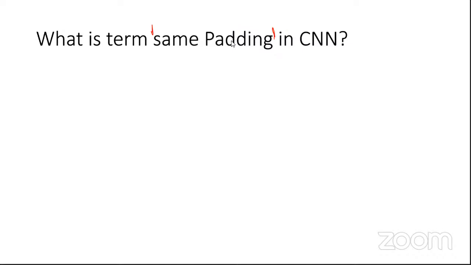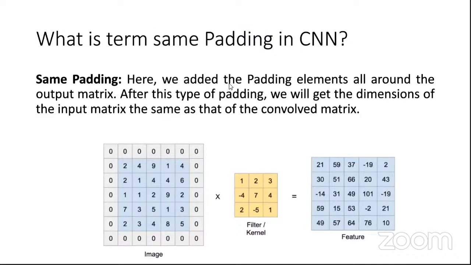What is same padding? Same padding means that whatever padding you do, even after padding, when you apply the filter, we add the padding element all around the input matrix. After this padding, the dimension of the output matrix is the same as that of the input matrix.